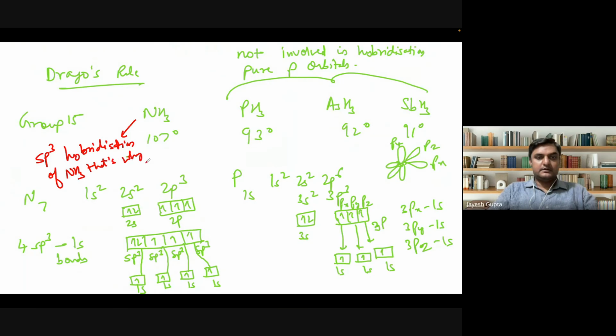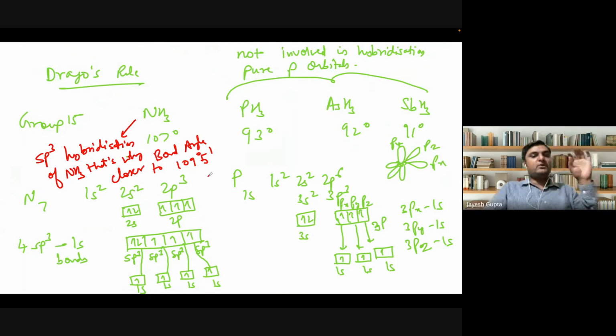That's why the bond angle is closer to 109 degree, 109 degree 5 minutes. So for nitrogen it will be closer to 109 degree. The other three after nitrogen, third period onwards, will always have closer to 90 degree because hybridization does not happen. The pure p orbitals present in the outermost shell take part in bonding.